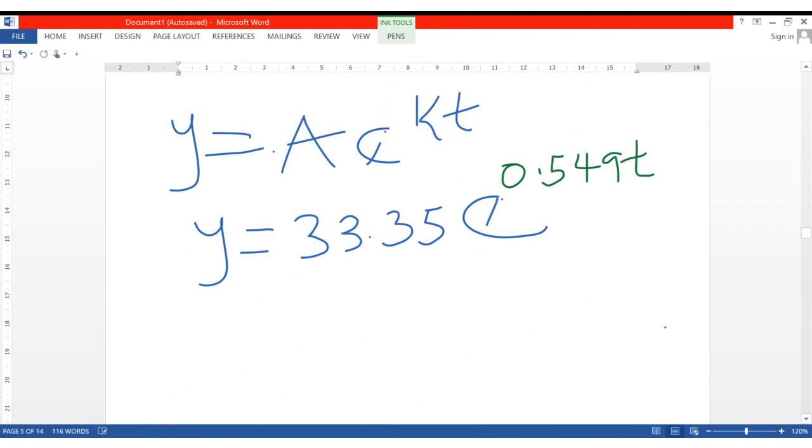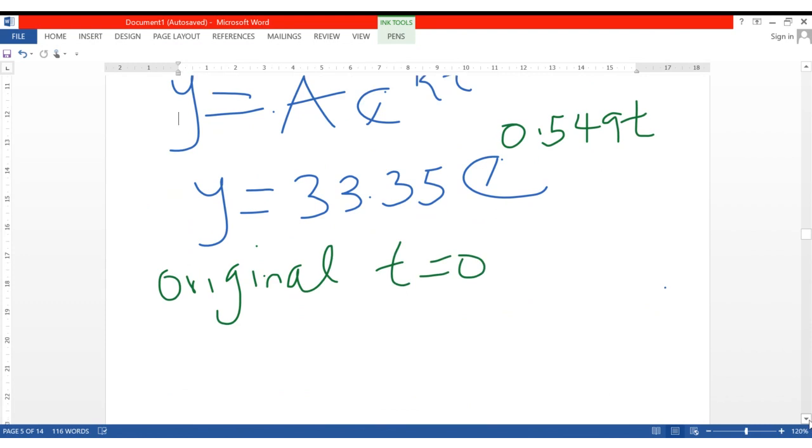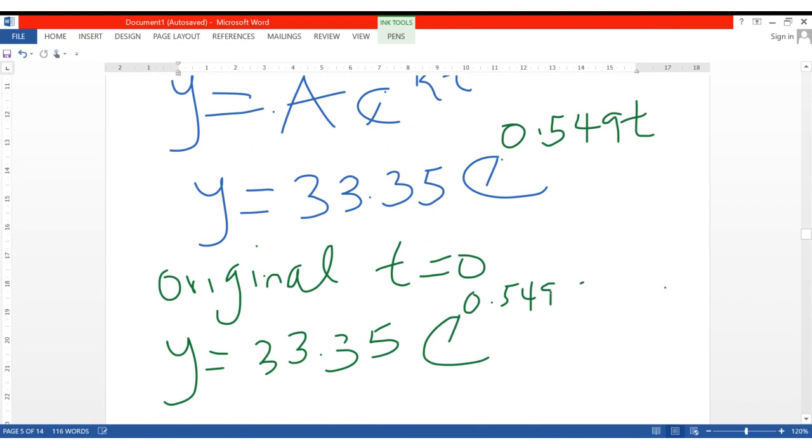So they are asking originally. So you can assume originally it is at t equals 0. So original basically is the time you put the bacteria. So we shall assume at t equals 0. So we replace back that value. So we shall get y equals 33.35 exponential 0.549 times 0.